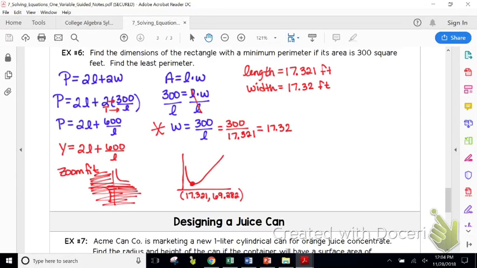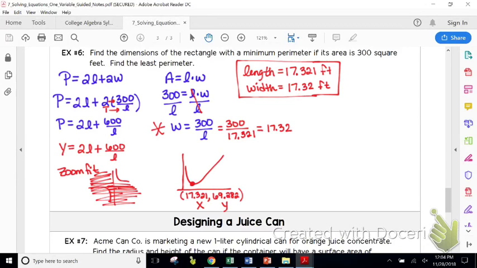So it said find the dimensions, and we did that. It also said to find the least perimeter. So how are you going to find the least perimeter? Add them all up or plug it into the formula, right? Or what's the other way I can do it? I had an ordered pair. What did that ordered pair consist of?